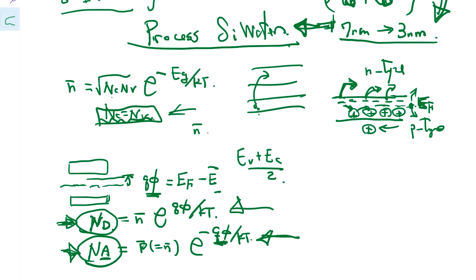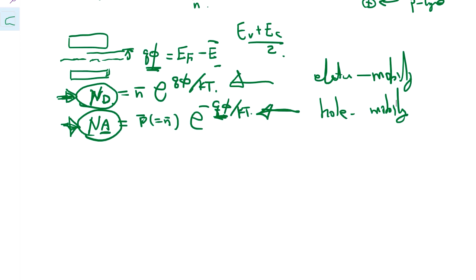And also we have to know this hole mobility is much smaller than electron mobility. So if you have a diode, N and P, what kind of characteristic is it going to be for forward voltage?